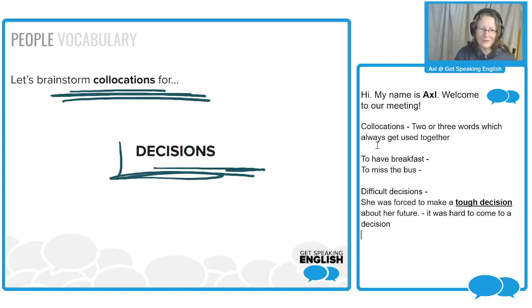Obviously also a difficult decision or a hard decision. It was a hard decision to make. So we might say that as well. Or maybe if a decision is good, right?